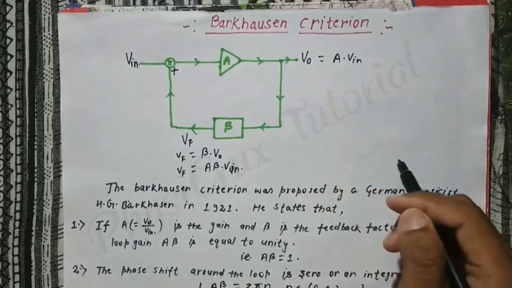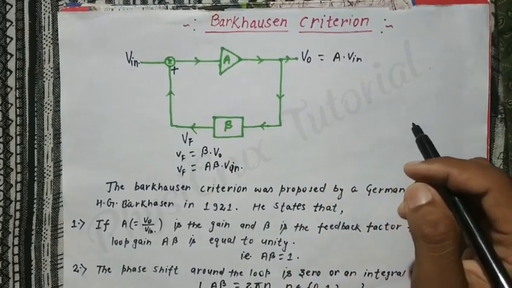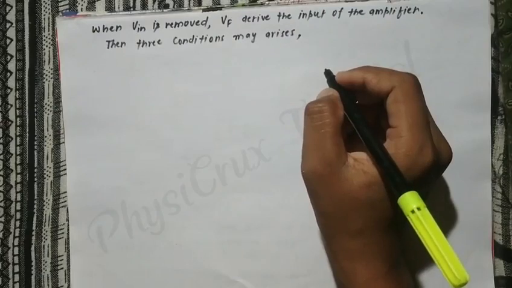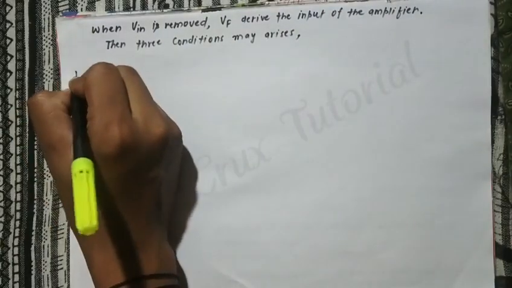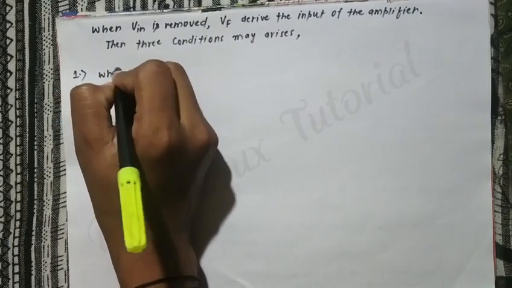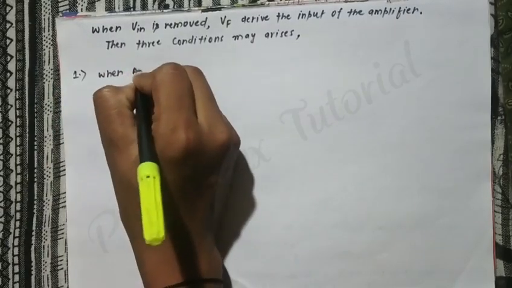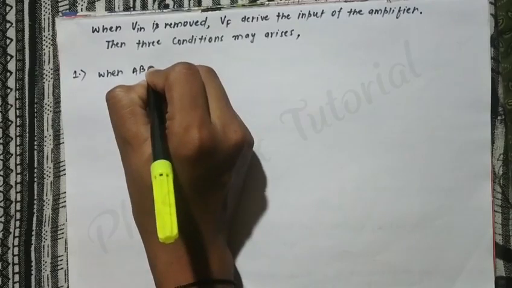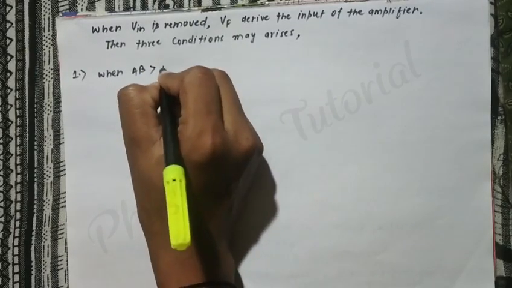Then three conditions may arise. The first is when A beta is greater than 1.